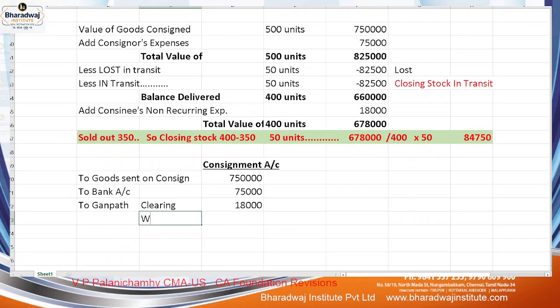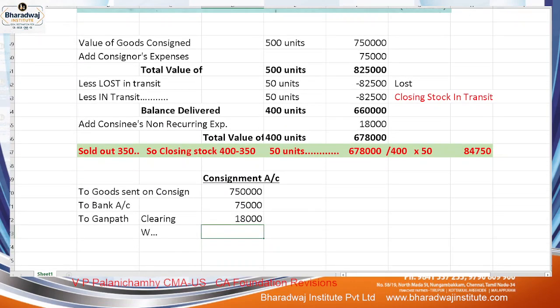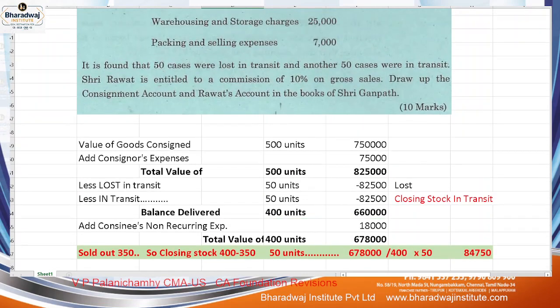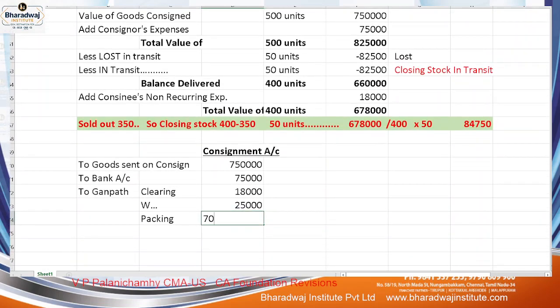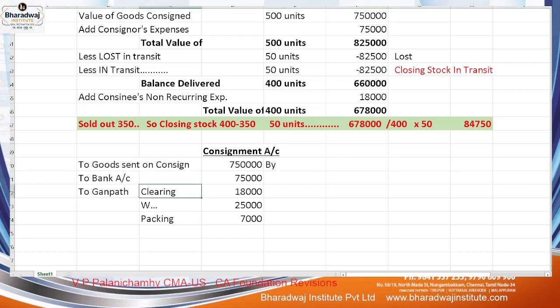Warehousing 25,000. Packing expenses? 7,000. Who is the consignee? Rawat. Okay.